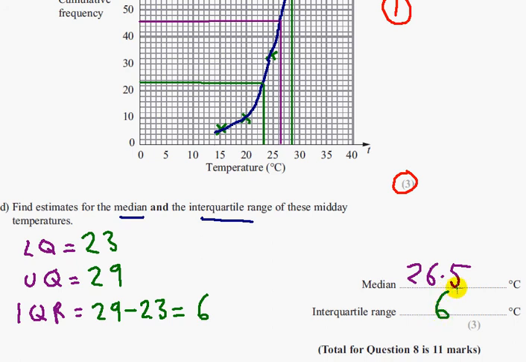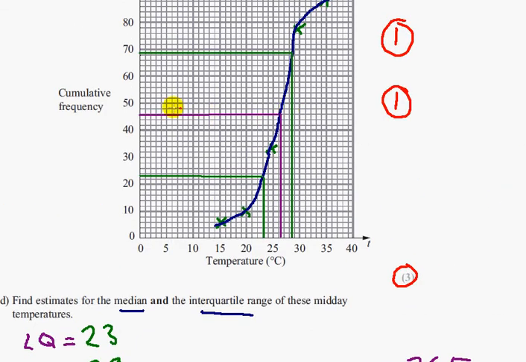Now, part D is a 3-mark question. Let's have a look at how you get those marks. Right, the first mark comes from the median. If they could see that you've done this, gone across at 46, then you would have got a method mark.